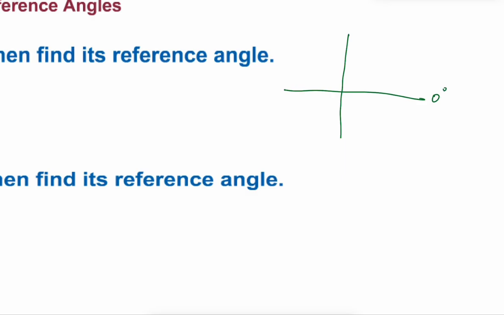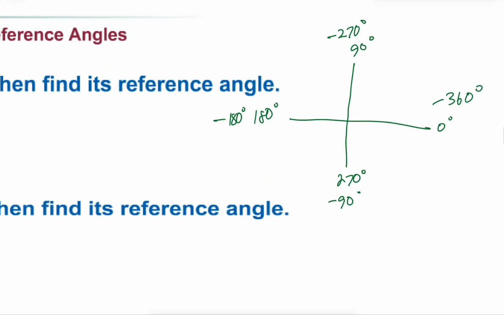This is 0, 90, 180, 270. If we go backwards, this is negative 90, negative 180, negative 270, negative 360. Okay. Remember that two angles that land in the same spot are called coterminal.